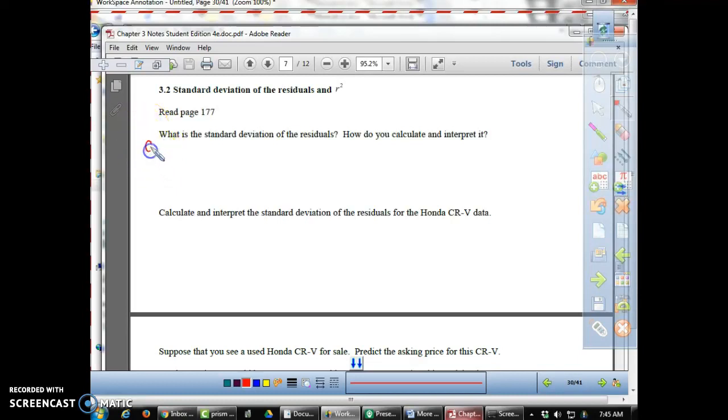Well, it gives the approximate size of the residuals. It's like an average size of the residuals.